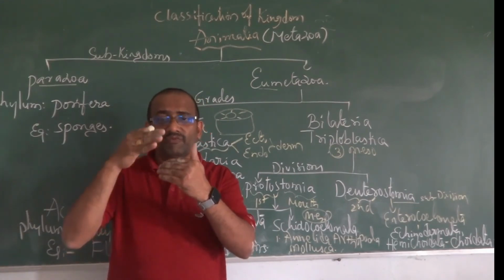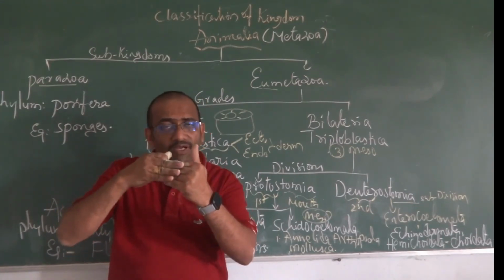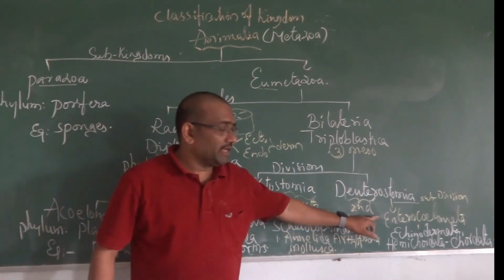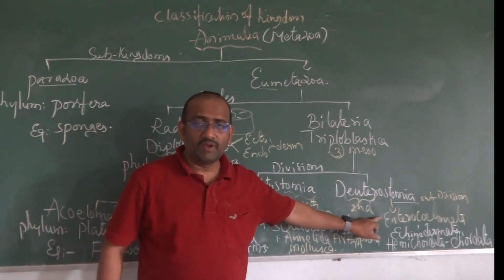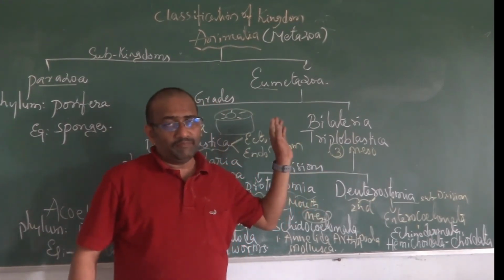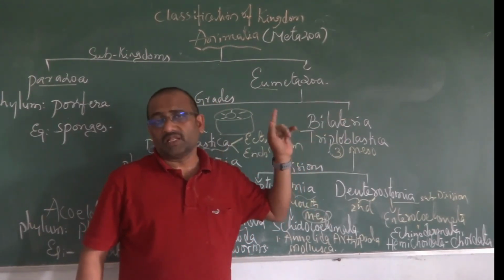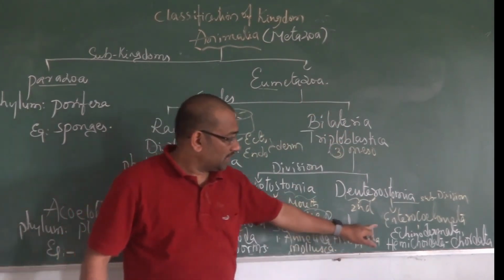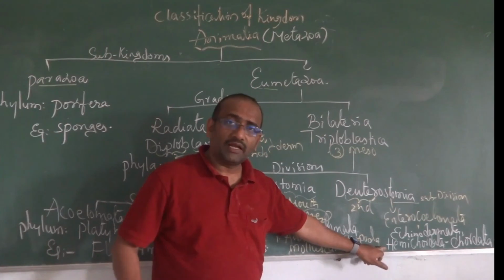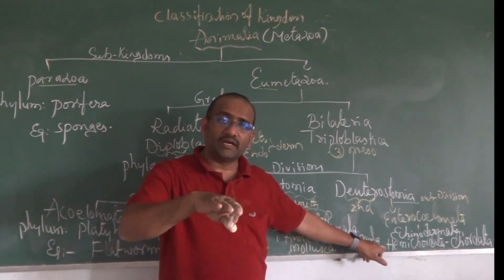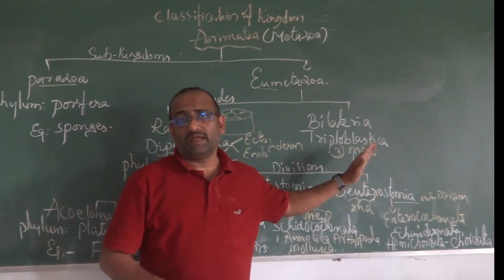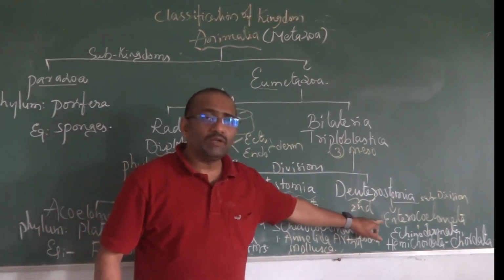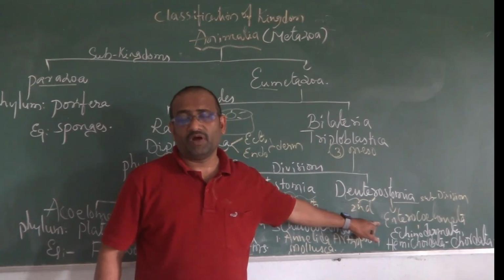If a mesodermal coelom with attachment to the endoderm creates a body cavity, that type of cavity is known as enterocoelomate. In the invertebrate phyla, Echinodermata is the last phylum. From Echinodermata up to Chordata, meaning Echinodermata, Hemichordata, Protochordata, Chordata, all these animals come under the Enterocoelomata nature of coelom.